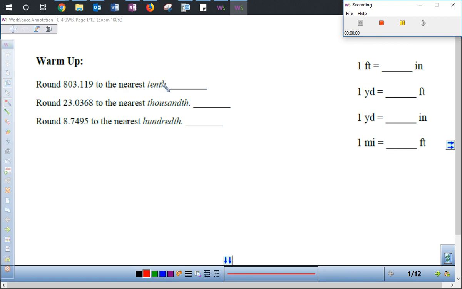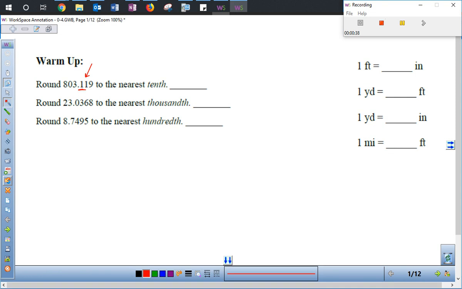Now just a reminder, the nearest tenth is only one number after the decimal place. So to determine what to round it to, we need to look at the number that comes after that. If that number is greater than or equal to 5, we round the number up to the next one.